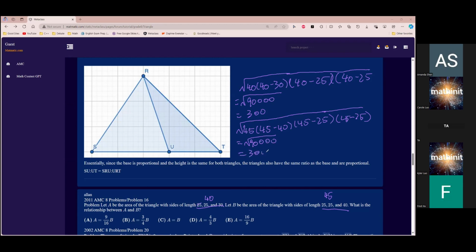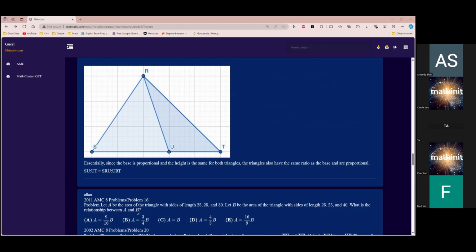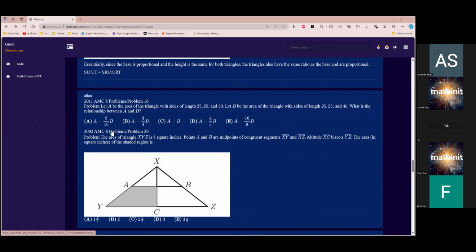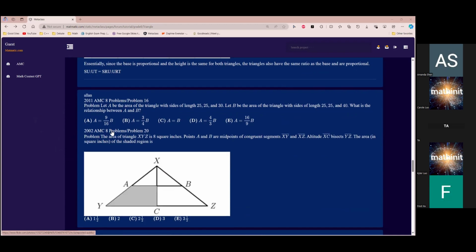So essentially, if this is A and this is B, then A equals B. So your answer is going to be C. Does that make sense? Yeah. Okay. So you could try this question. I'll give you 4 minutes to try this because this is a little trickier.